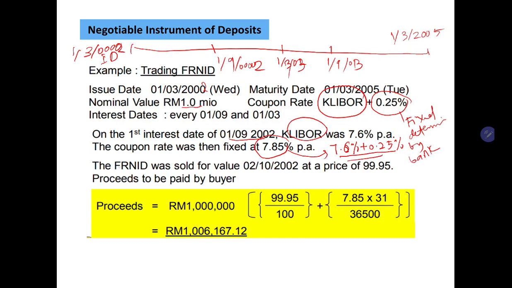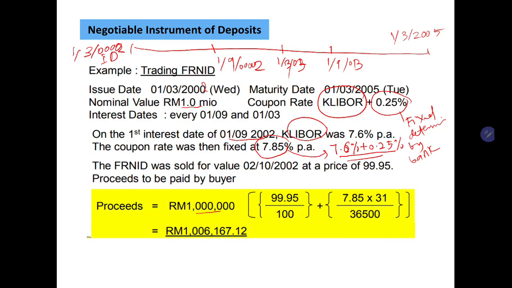The FRNID was sold for value on the 2nd of October 2002 at the price of 99 ringgit 95 cent. So we need to plug in the figures. The nominal value is equivalent to 1 million.